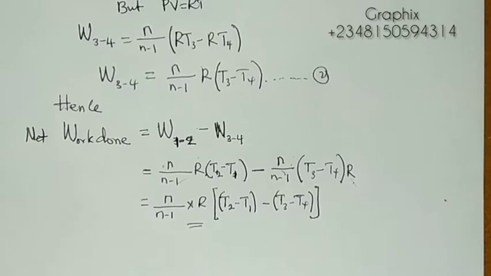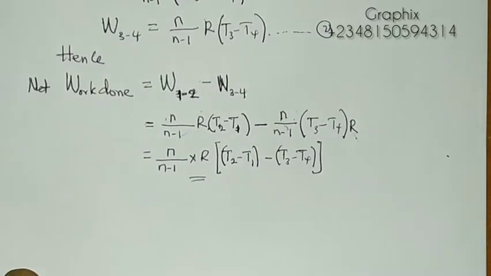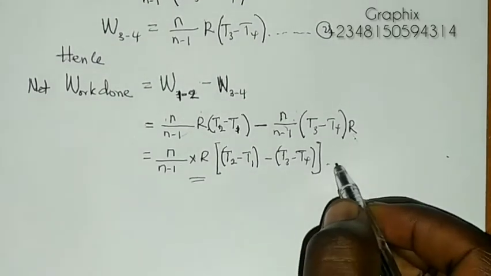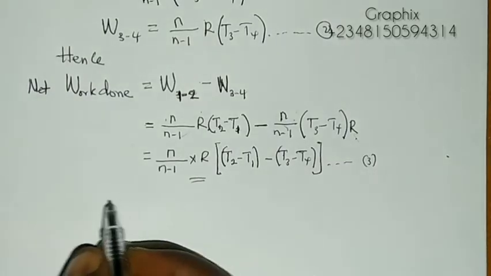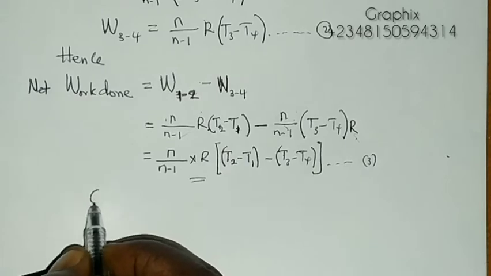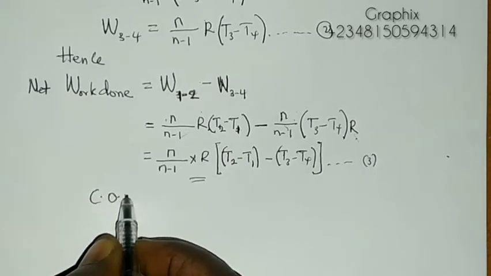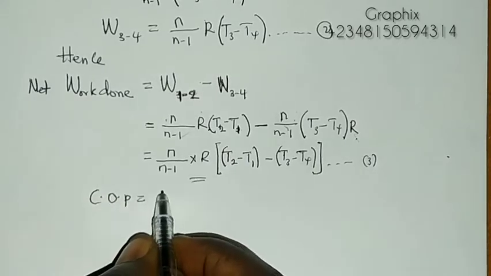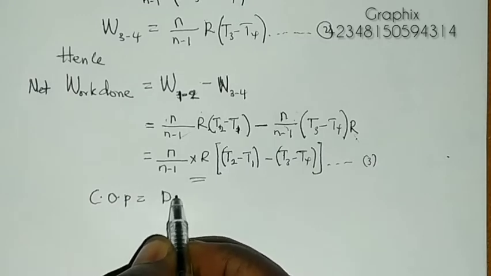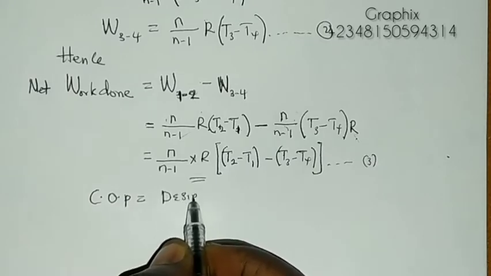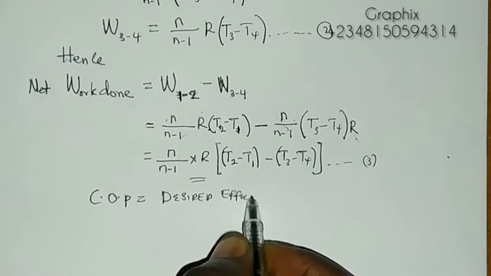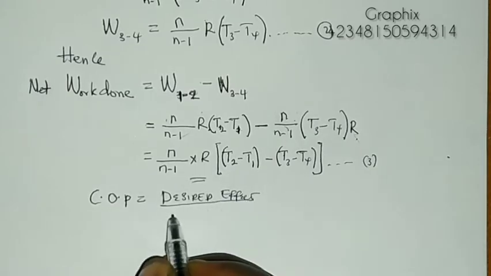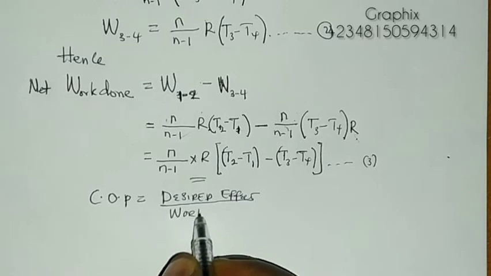And we know very well that this is equation 3. So we know very well that COP, coefficient of performance, is equal to what? The desired effect over the work done, right?